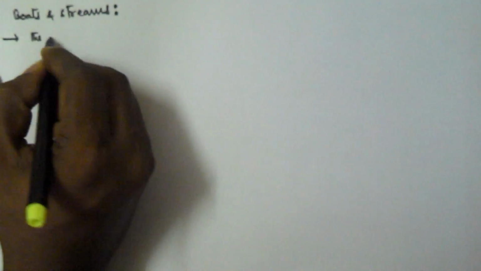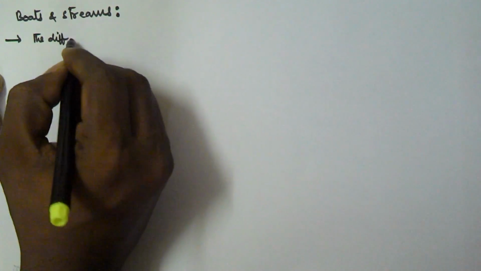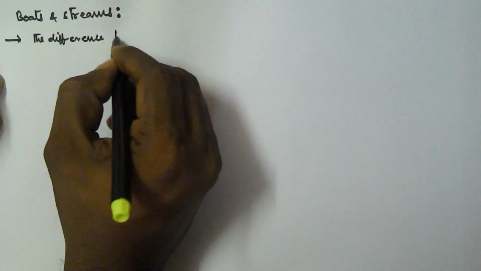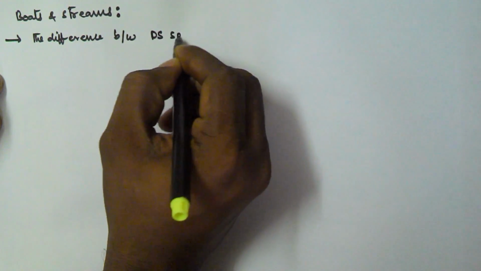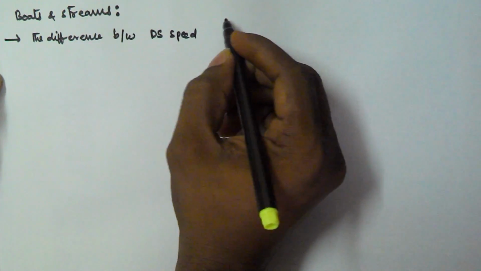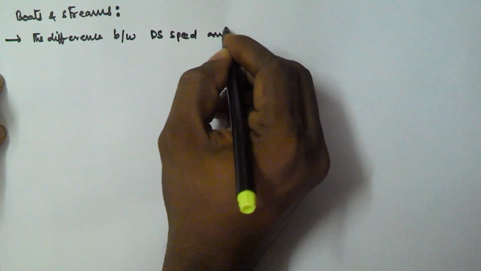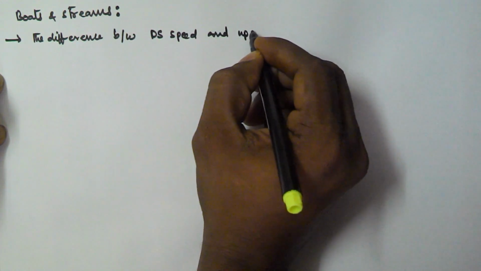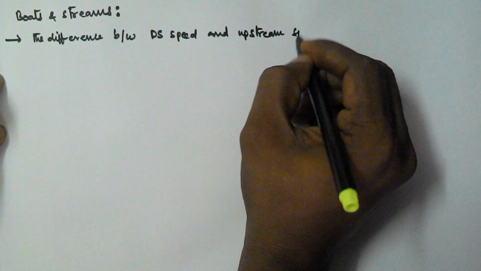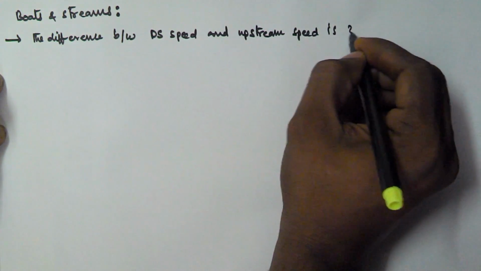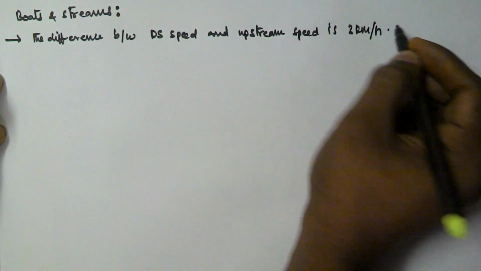So the problem is like the difference between downstream speed and upstream speed is 3 kilometers per hour.